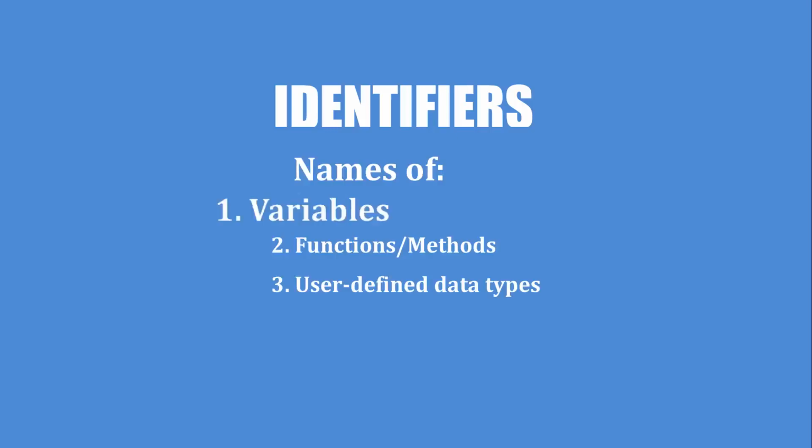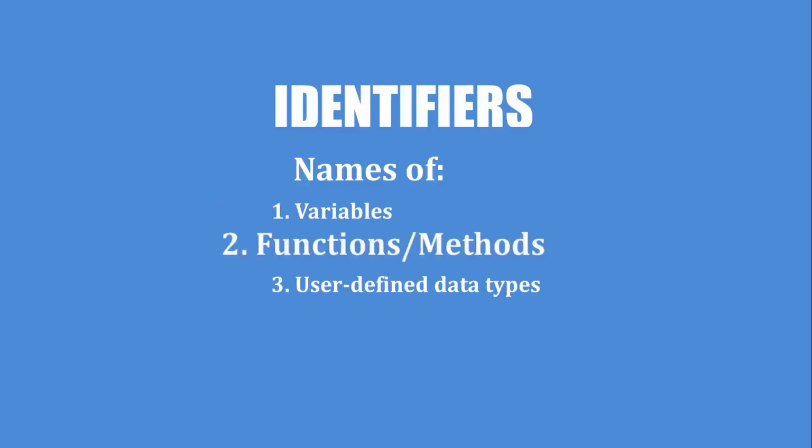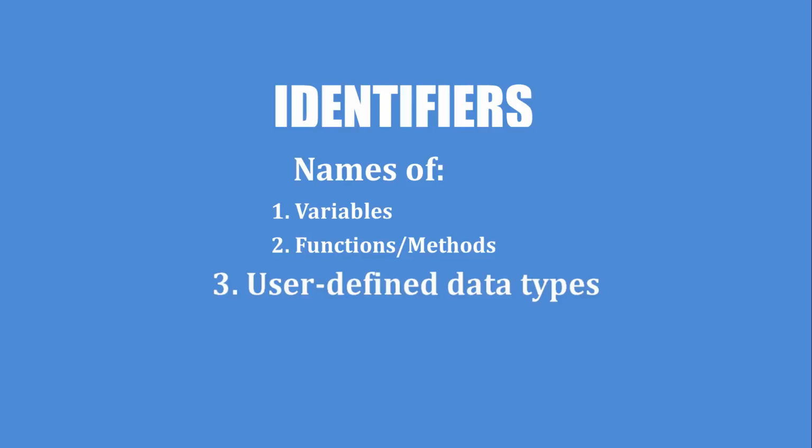Identifiers are names of variables, functions, or other user-defined data types created by you, the programmer. When you define a variable, the name of the variable is called an identifier. Or when you define a function, something you name by yourself.